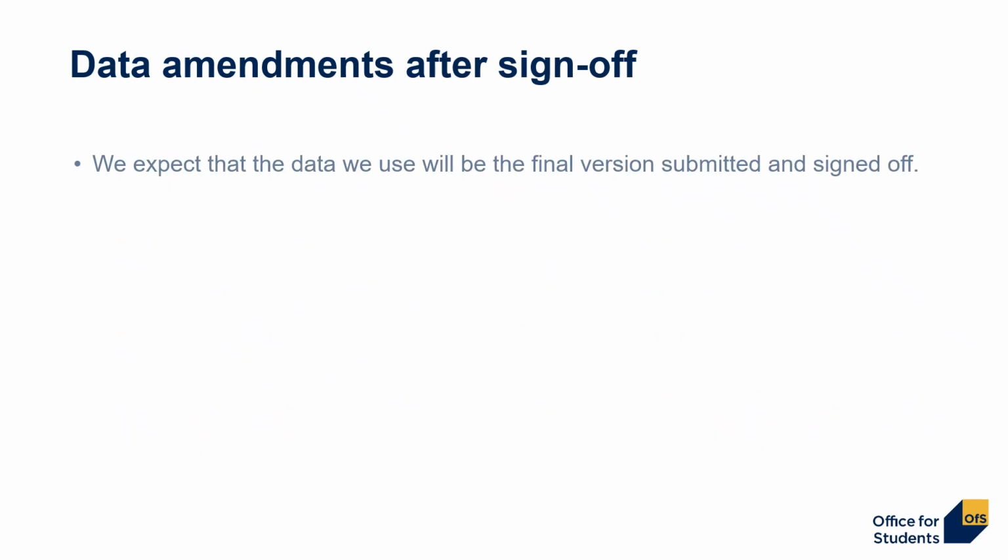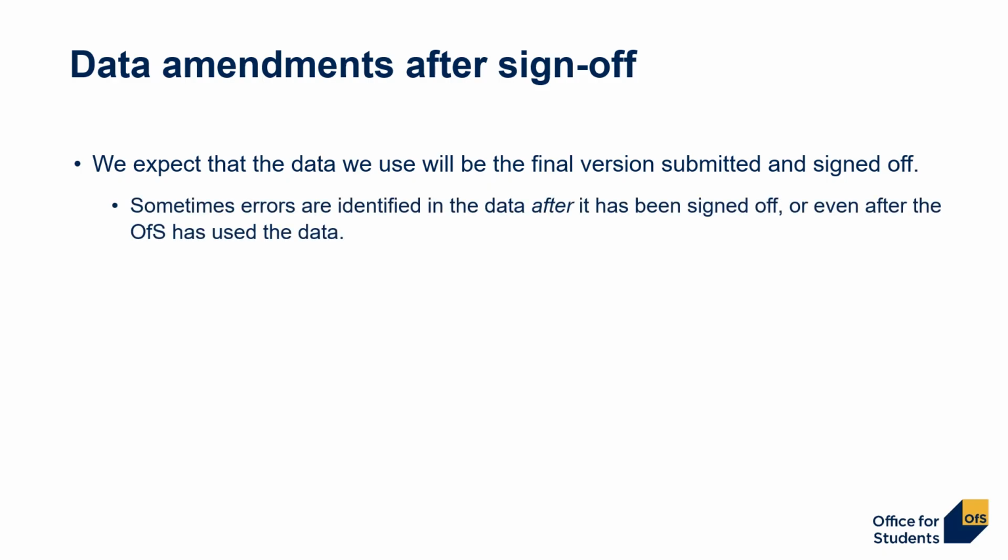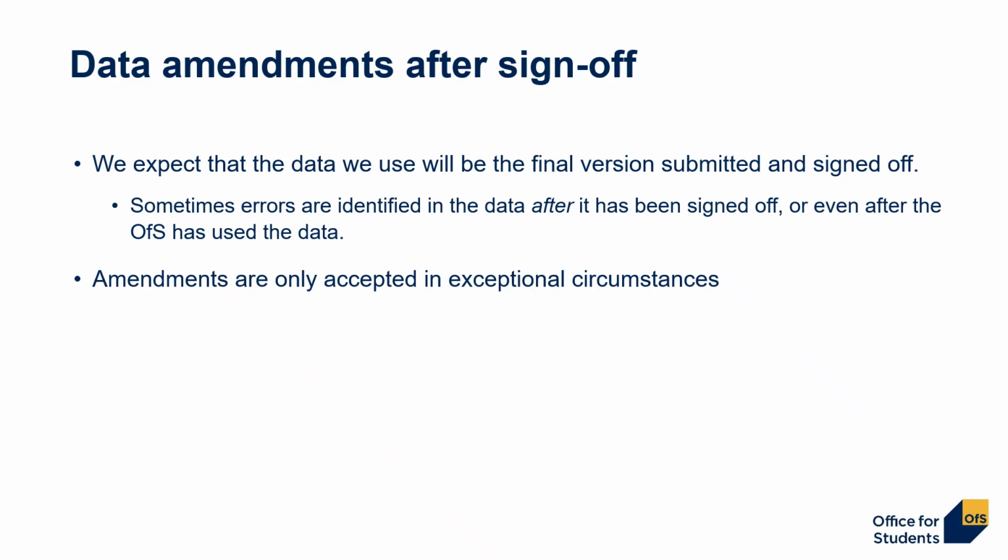We expect that the data we use will be the final version submitted and signed off, but sometimes errors are identified in the data after it has been signed off, or even after the OFS has used the data. Signed off data can be amended, but we will only accept amendments to final submitted data in exceptional circumstances.